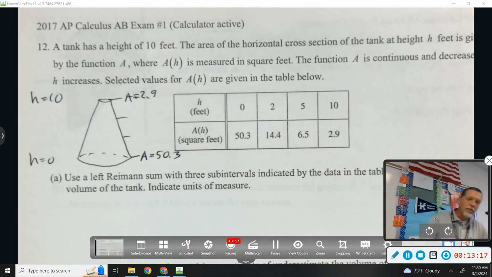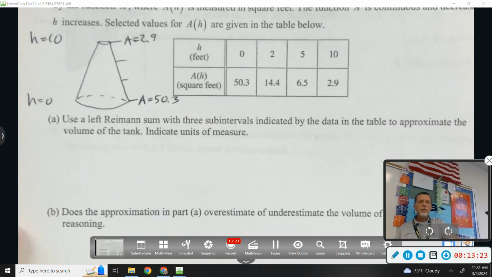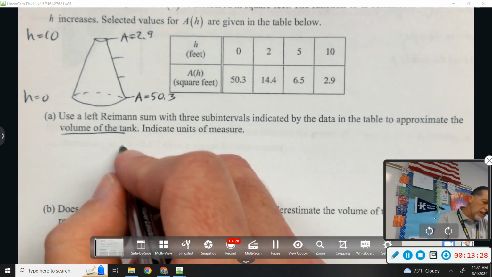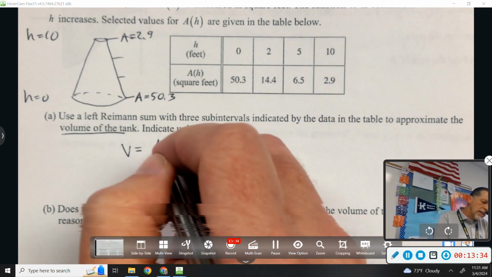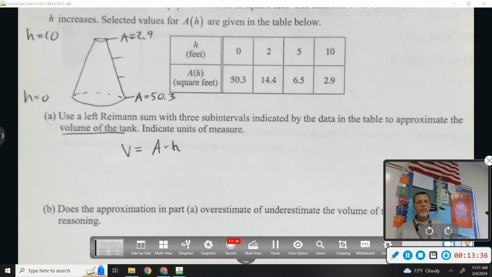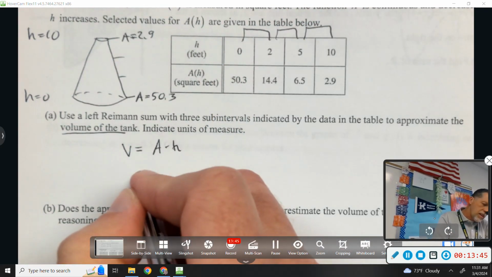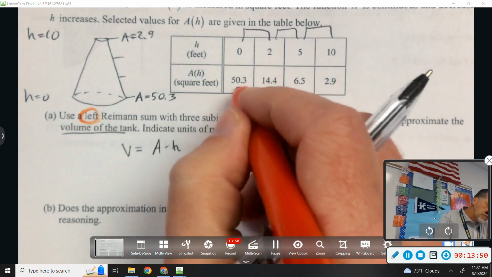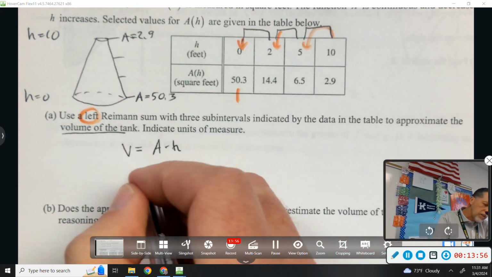So I'm trying to just get a feel for what's going on here. Use a left Riemann sum with 3 subintervals to approximate the volume of the tank. Well, the volume of the tank is going to be area times height. So let's do the area times the height 3 times. And it's a left Riemann sum, so we'll make sure we use the left values.